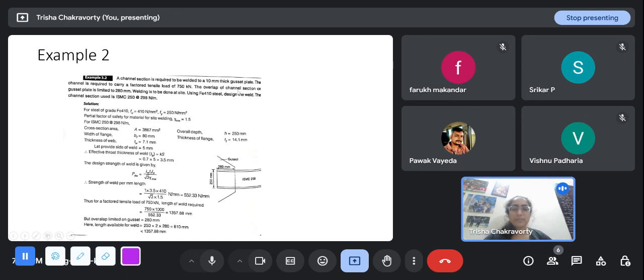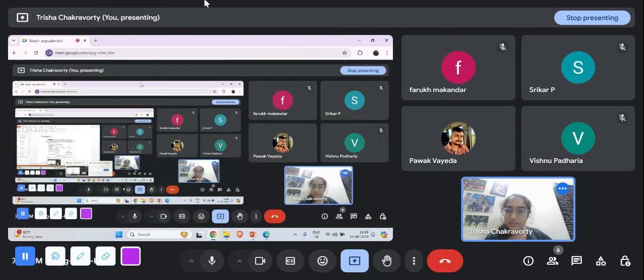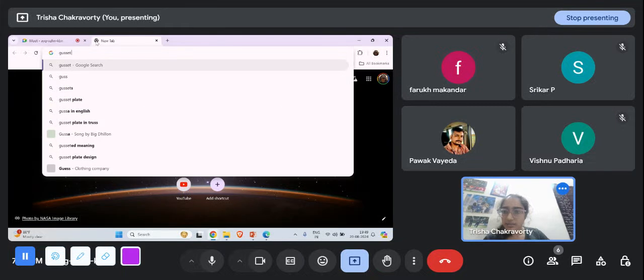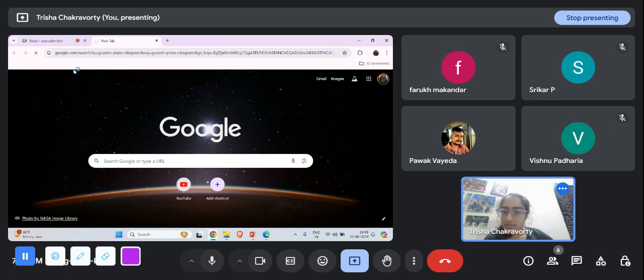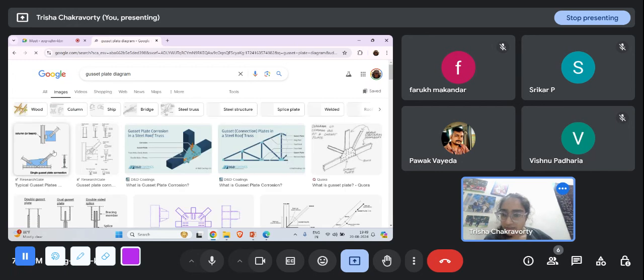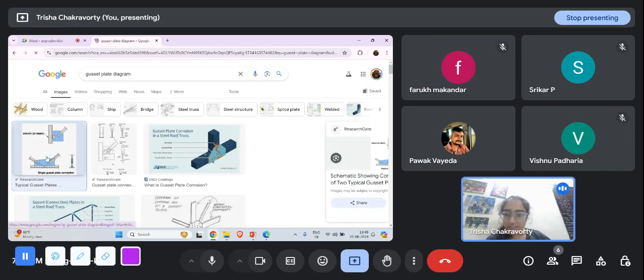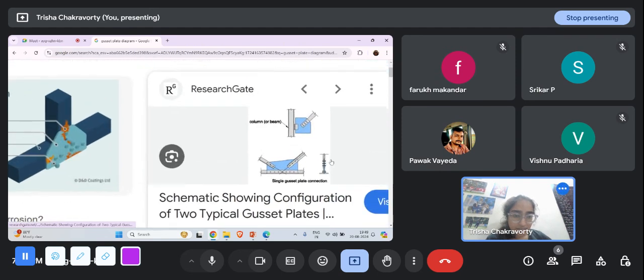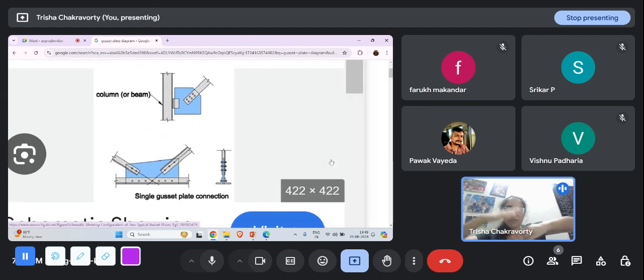What is this? Gusset plate is a concept that you probably haven't come across so far. Gusset plate is used to connect two members. I'll show a photo here, it'll help you to visualize. See, when there are several members meeting at a joint, we cannot just bolt them one on top of the other if the arrangement is to be like this.